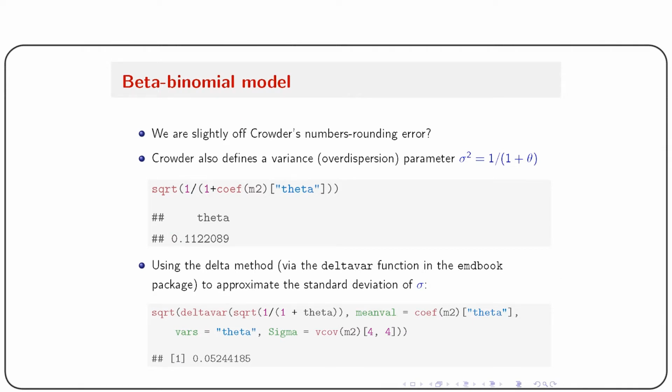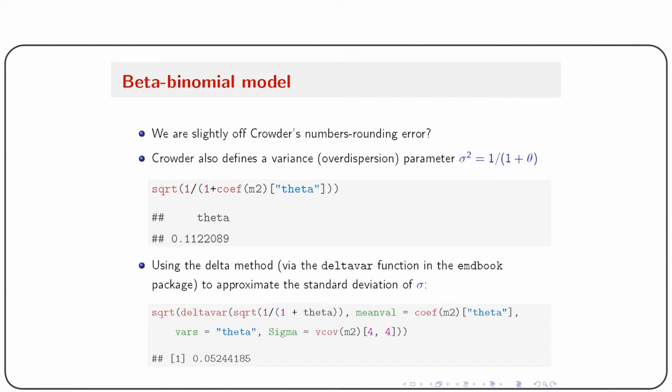Crowder also defined a variance parameter sigma squared equals 1 over 1 plus theta. So square root of 1 over 1 plus coef of M2 within square brackets and double quotes theta will give you the standard error of theta; the variance of this theta will be given by this.